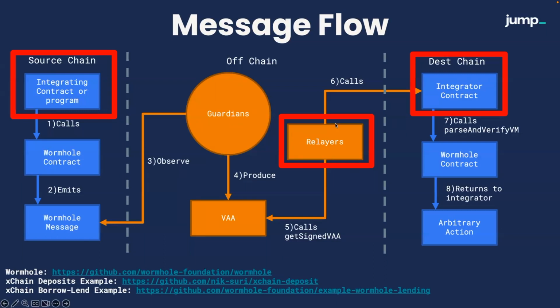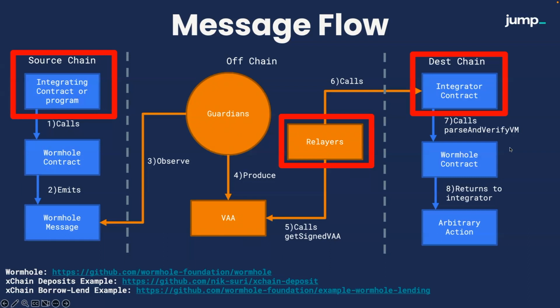So right now you would need to maintain your own relayer that's going to pick up the VAAs and deliver them to where they need to go. So this is the entire message flow and how you, as the developer, can plug into this message flow to go cross-chain.